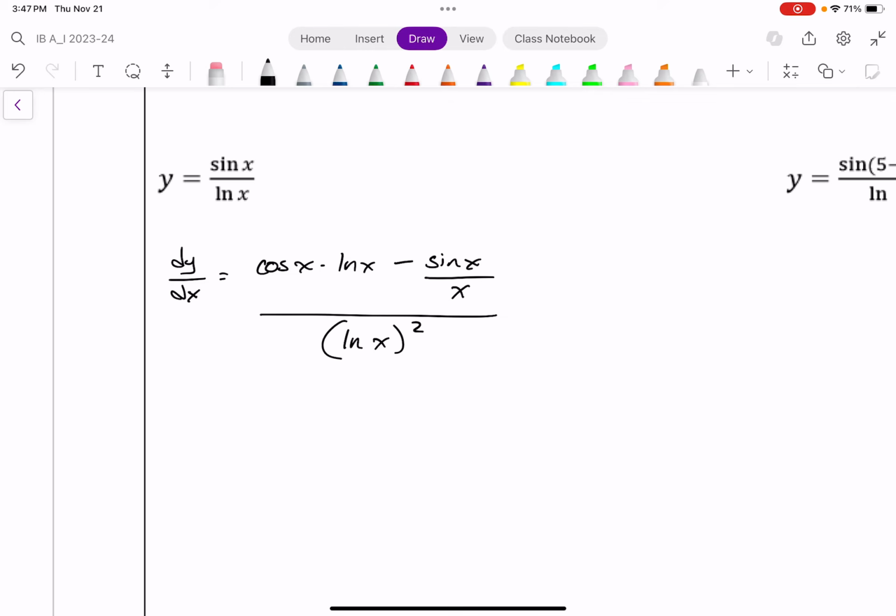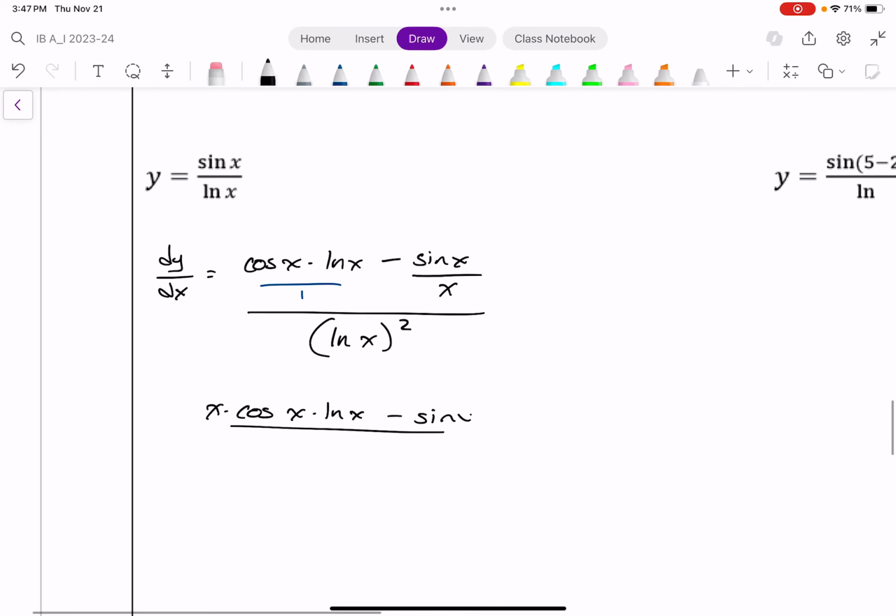So like before, while I am done, we should be able to simplify this. Instead of having these fractions inside fractions, let's find a common denominator. So I'll end up having x times the cos of x times the ln of x minus the sine of x. And all of this is over x, that's my numerator.